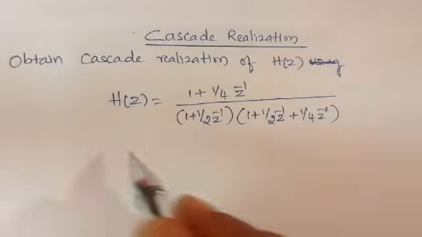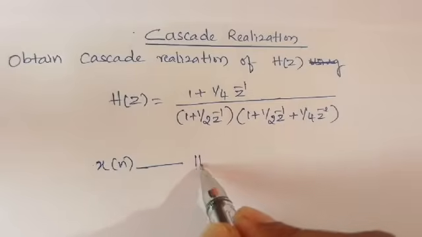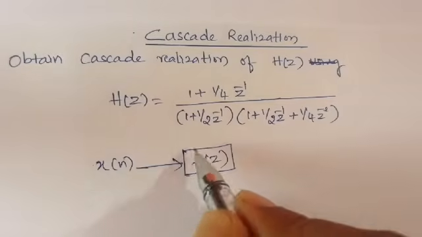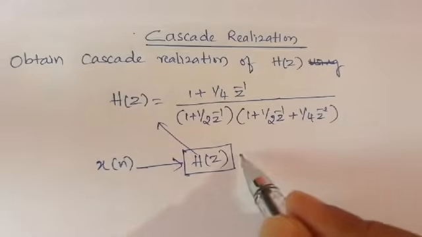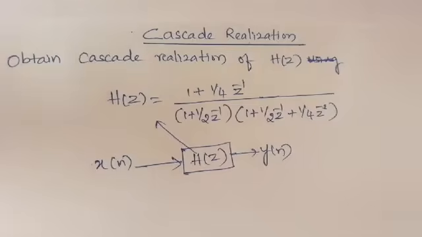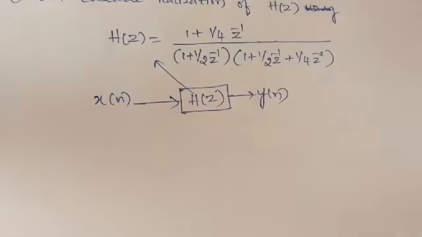So initially it is like this. x of n is the input to the system, and the system has a system function or transfer function, say this one. And output is y of n. Now I am going to decompose, that is divide or split, it into a product of two transfer functions.